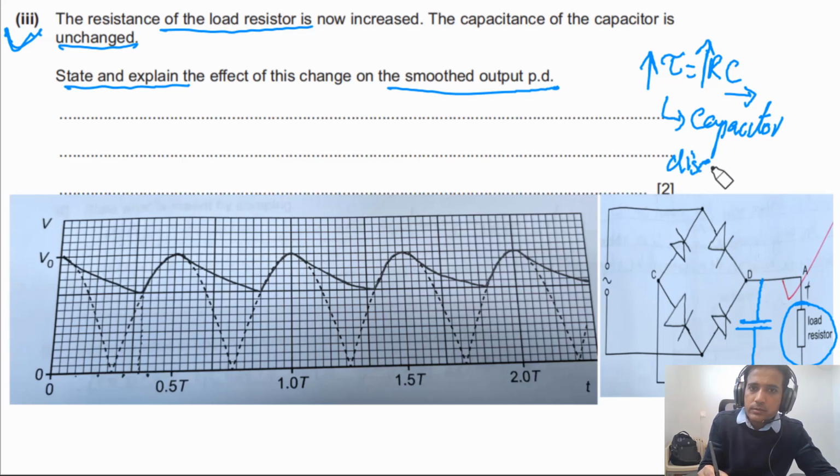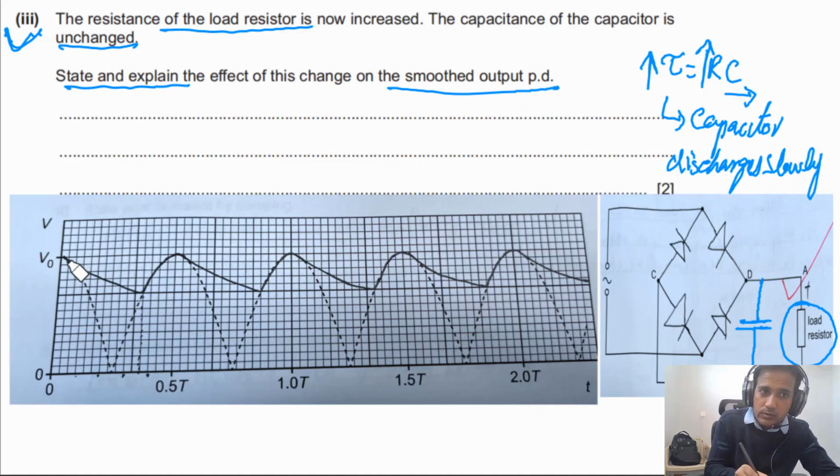Capacitor discharges slowly. So what does it mean if the capacitor discharges slowly? We will see the curve somewhat like this. So this will be the new curve. We can draw it like this. The capacitor is discharging slowly, so this is how the curve will look.